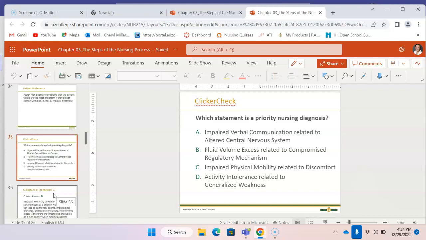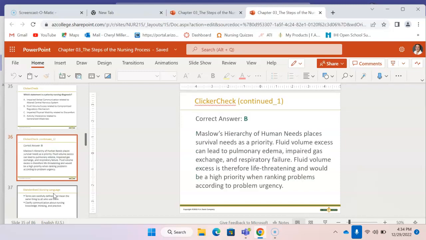The person who is in trouble right now, life-threatening, is fluid volume excess. I need to pull that guy to the back. Fluid volume excess causes pulmonary edema, impaired gas exchange, and eventually respiratory failure. Fluid volume excess, therefore, is a life-threatening and high-priority problem.